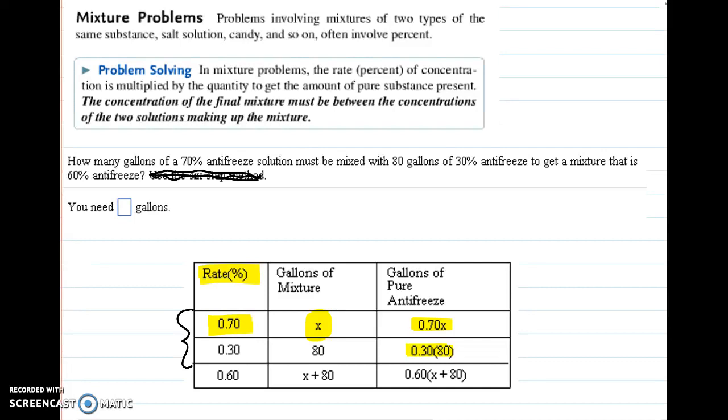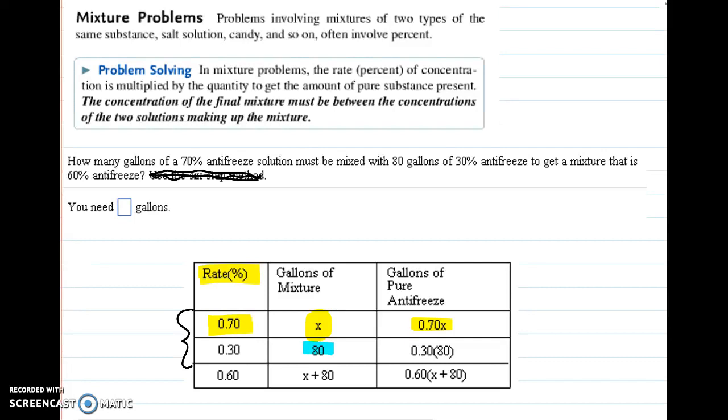Okay? So if 70% of all these gallons are antifreeze, 30% is something else, but 70% is antifreeze, then if you take the number of gallons and multiply by 70%, or 0.7, you will get the amount of actual pure antifreeze. We're going to mix that with 80 gallons of 30% antifreeze.